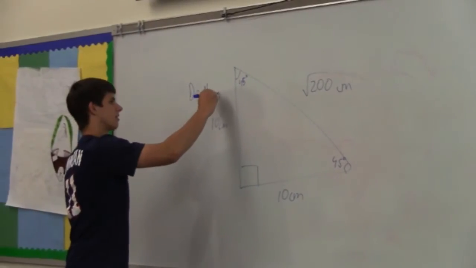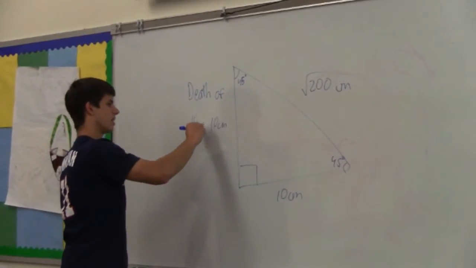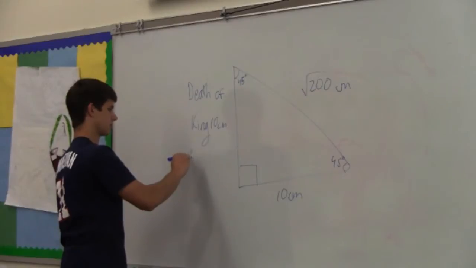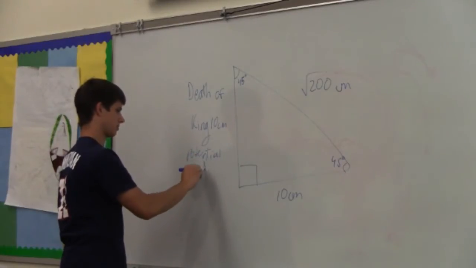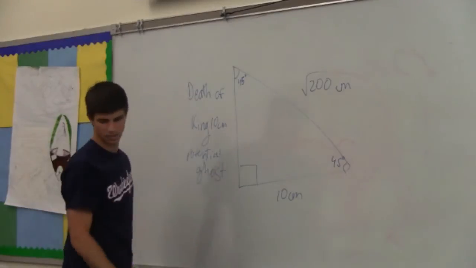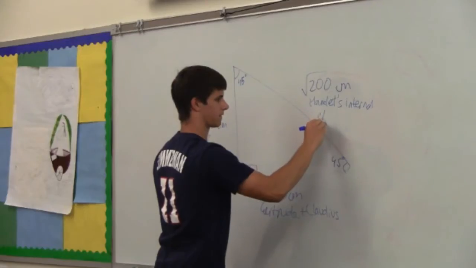And the two legs were, first of all, the marriage between Claudius and Gertrude, so Hamlet's mother and uncle, and the other leg was the death of King Hamlet, Hamlet's father, and the potential apparition of his ghost. And then the hypotenuse was Hamlet's madness, or basically internal struggle over whether or not to act against his uncle Claudius.